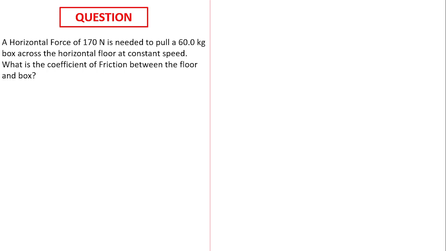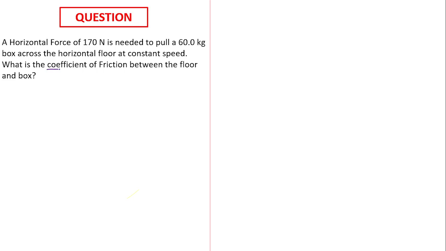And then, what is the coefficient of friction between the box and the floor? One thing we have been given, which we need to have interest in, is the horizontal force acting on it, and also the mass of this box. The other thing we have been asked to find is the coefficient of friction.